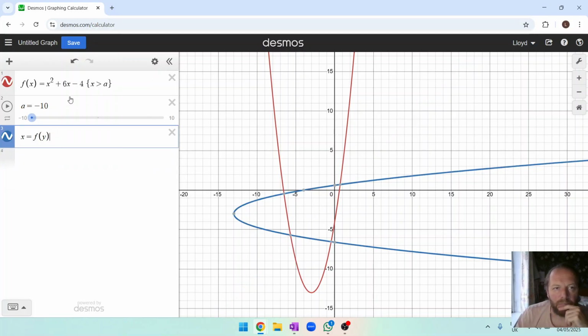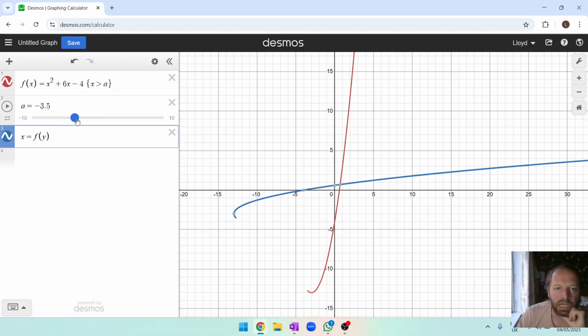Now I've got the x is greater than a, and at the moment my a is set at minus 1, so we need to reduce it down so that it is at minus 3. You can see there, as we get this a of minus 3, that is when the f of x blue line has become a one-to-one function, and so it is a function and it's defined.